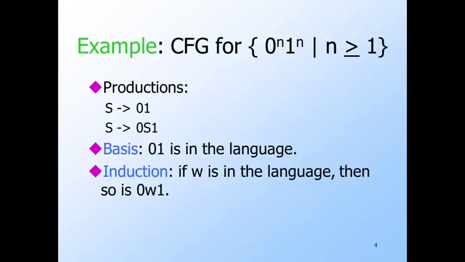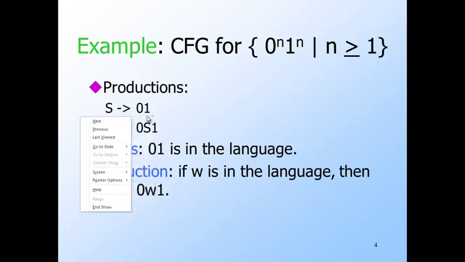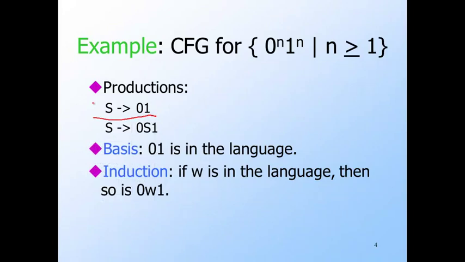For our first example, let's consider the language that we showed not to be a regular language, the set of strings with the form of n zeros followed by the same number of ones. Here is a grammar for this language. There are two productions, or rules, and only one variable S. The first production is a basis rule.